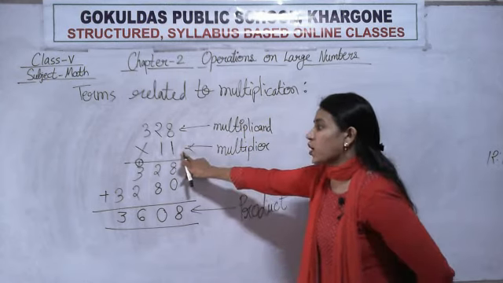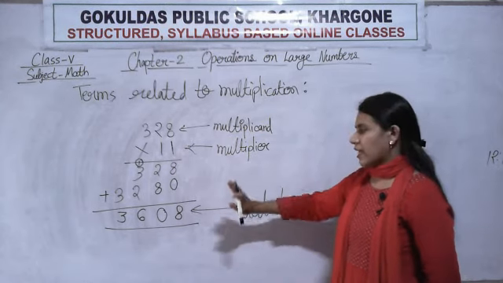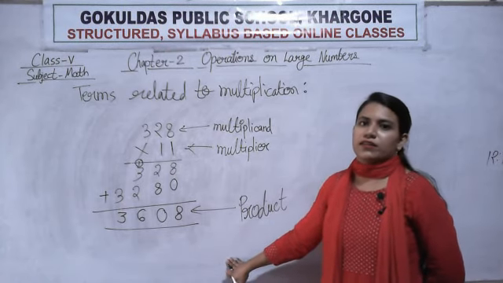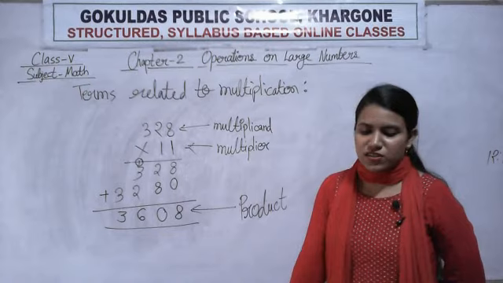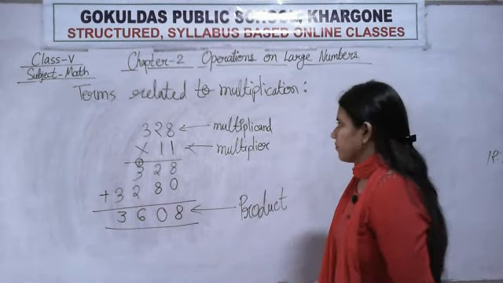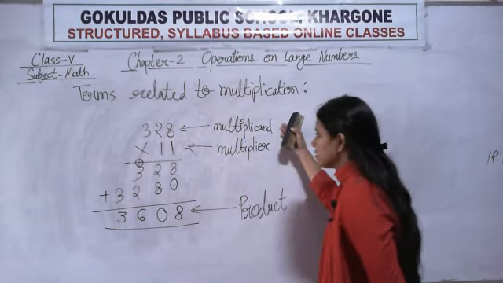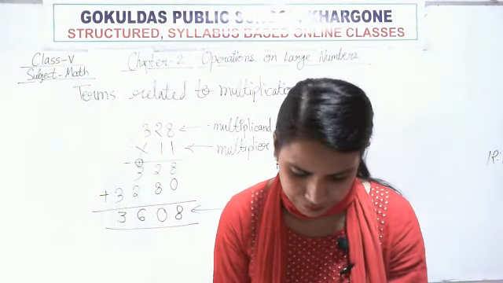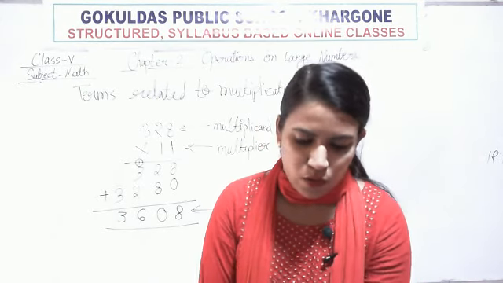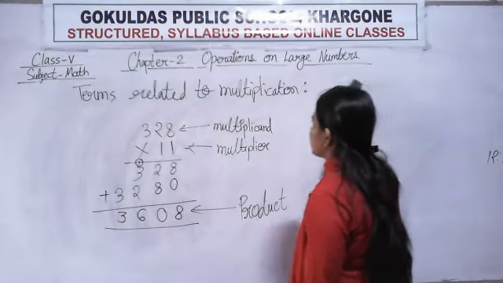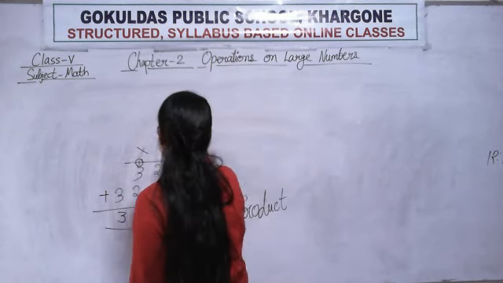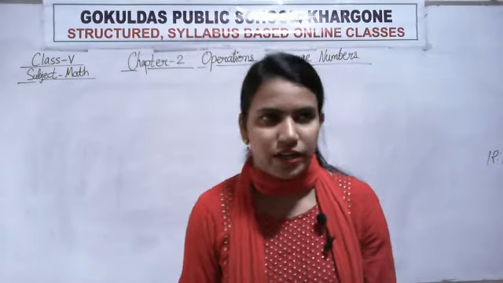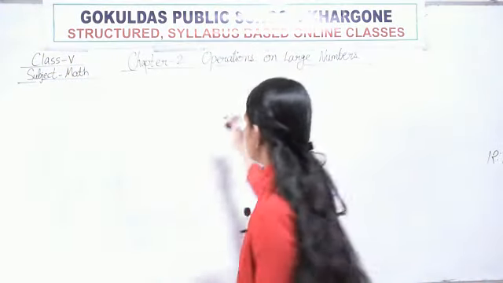The number by which you are multiplying is called a multiplier, and the result of multiplication is called product. Now we will solve exercise 2.2.